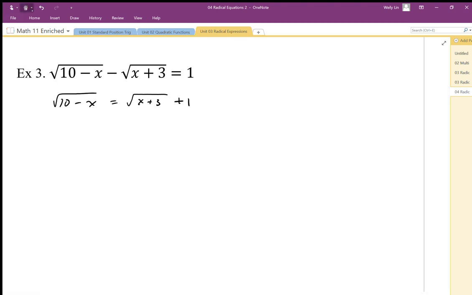We want to get rid of the square root by squaring both sides of the equation. Now you cannot square like this. Squares are not compatible with pluses and minuses like this, so we have to make sure that when we square this, we square the whole thing.